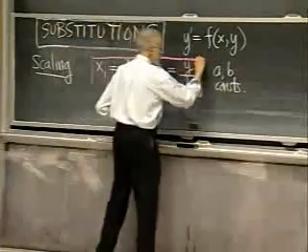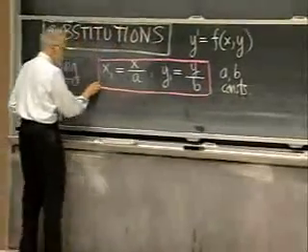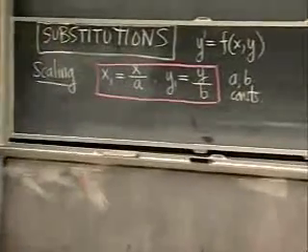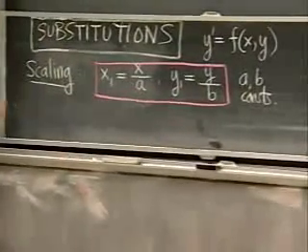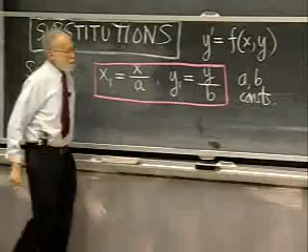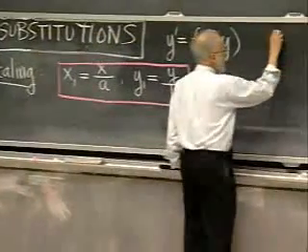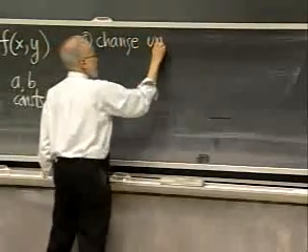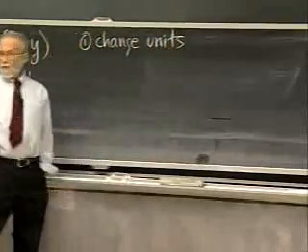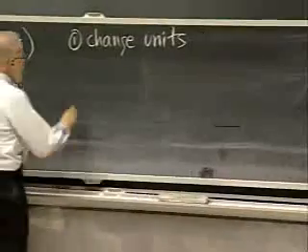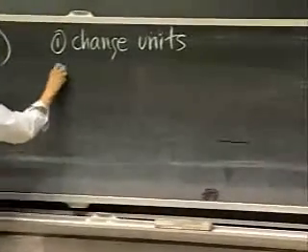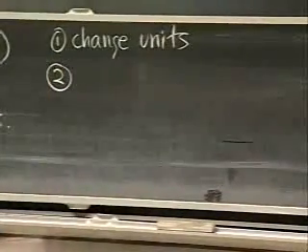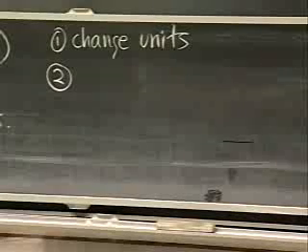Now, why does one do this? Well, there are a lot of reasons, but maybe we could list them. For example, it could be changing units. That's a common reason in physics. Changing the units that are used, you'd have to make a change of coordinates of this form.